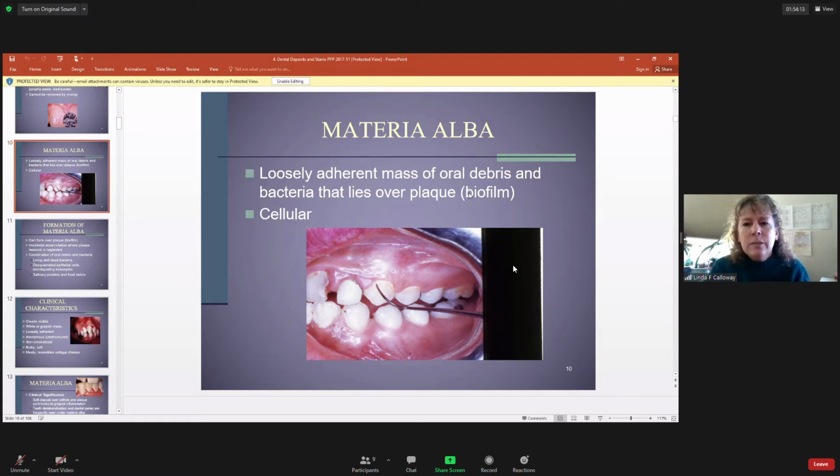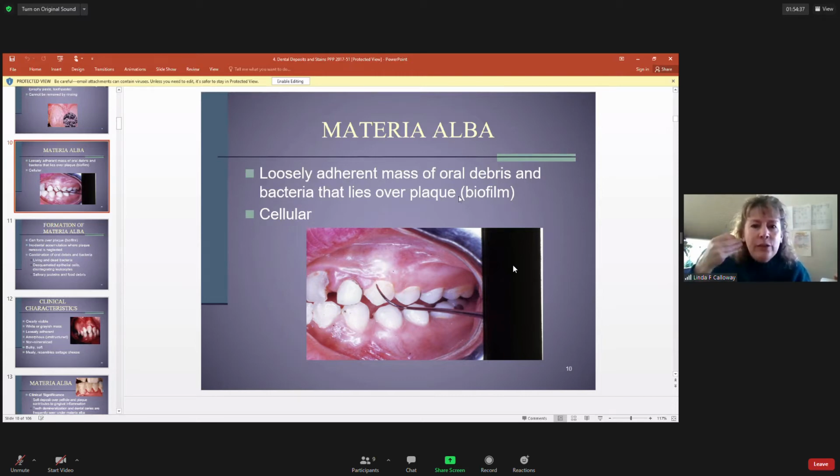So a place where there would be significant materia alba is if a patient has a slight diastema, especially between molars or posterior teeth. And when they bite into red meats like steak, it wedges in that tooth and they're constantly trying to pick it out.